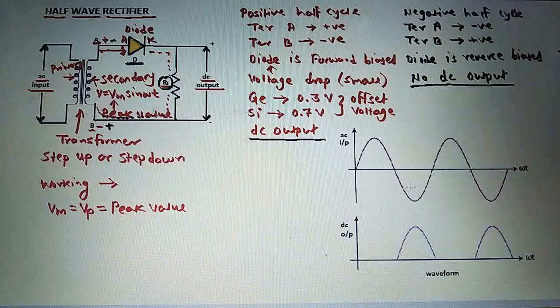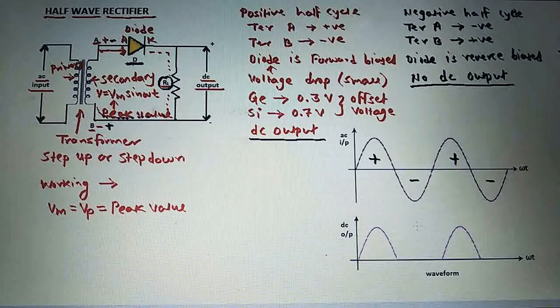Now we will see the waveform of this half wave rectifier. See here, this is the AC input, and in this AC input, this is a positive half cycle, this is a negative half cycle, this is a positive half cycle, this is a negative half cycle.